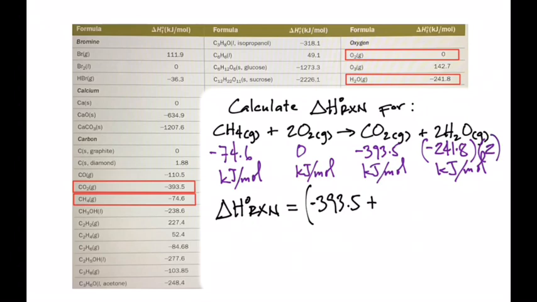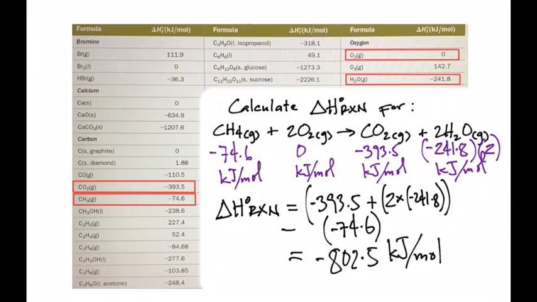So plus 2 times negative 241.8. And then we're going to subtract the reactants, which is negative 74.6. And what you get is the same thing, negative 802.5 kilojoules per mole.